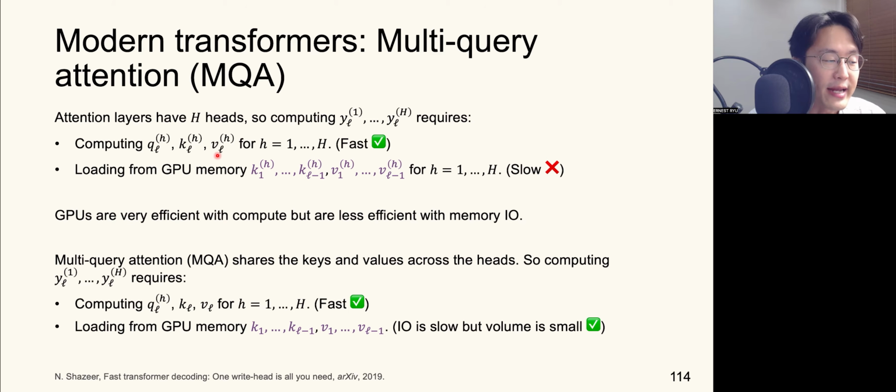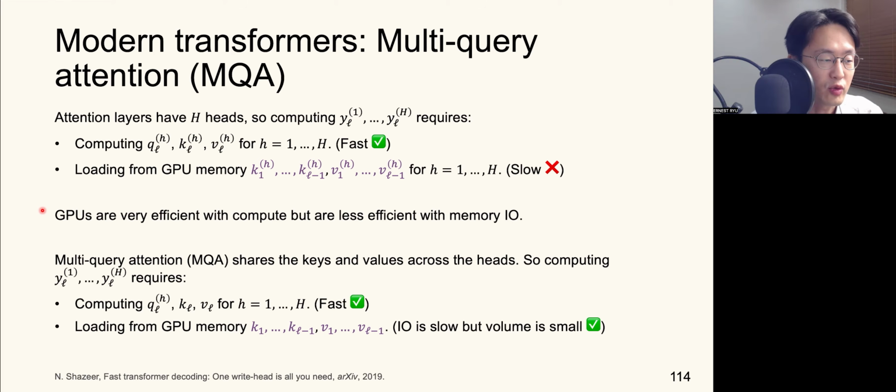The problem is that this requires loading all the previous key and value vectors from memory. This is slow because loading from the HBM memory on a GPU is slow, especially when the volume is large. And the volume is large because we need to load all of the previous keys and values separately for all of the heads.